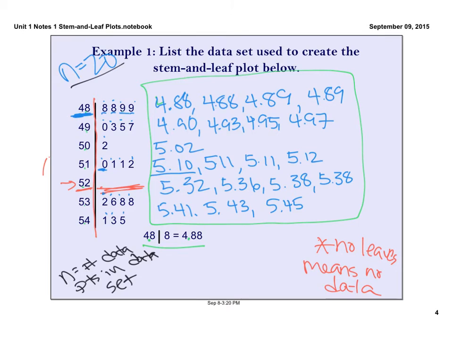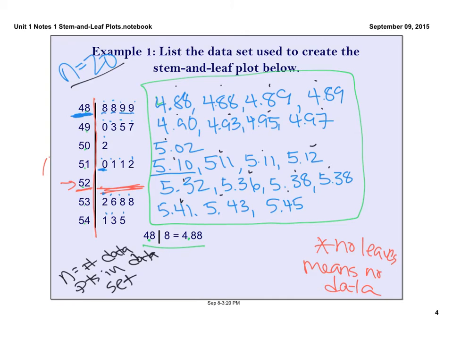You can spot check your data set that you wrote over here and just make sure that you got 20. 1, 2, 3, 4, 5, 6, 7, 8, 9, 10, 11, 12, 13, 14, 15, 16, 17, 18, 19, 20. So I know I accounted for every data point. Now that doesn't necessarily ensure my accuracy, but it at least tells me, yep, I didn't skip anything. I got all the data points that I needed.